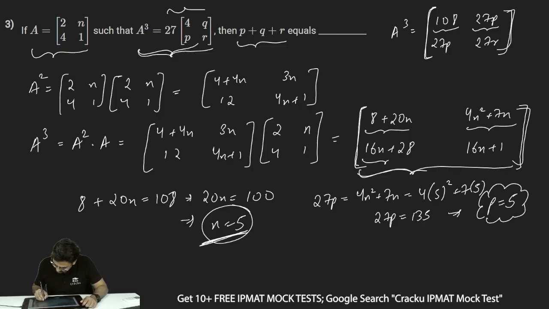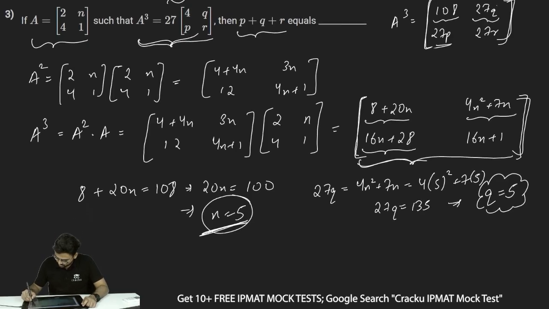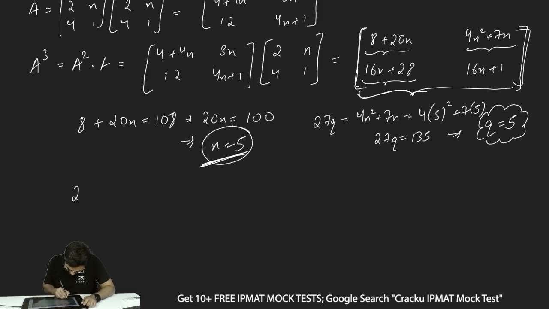Now I'll compare 16n plus 28 with 27p. So I'll just write 27p is equal to 16n plus 28. I'll substitute the value of n equal to 5.